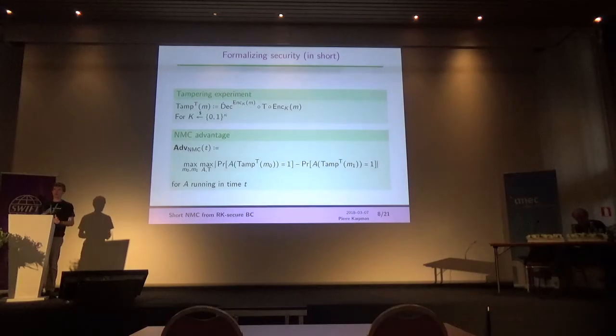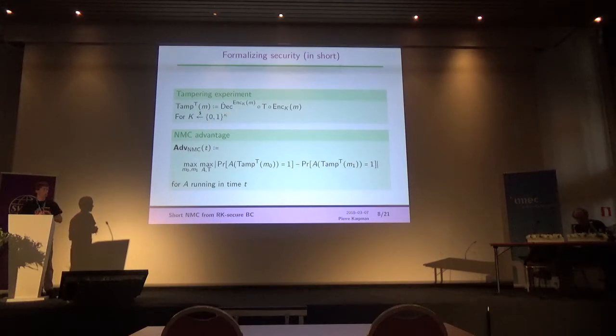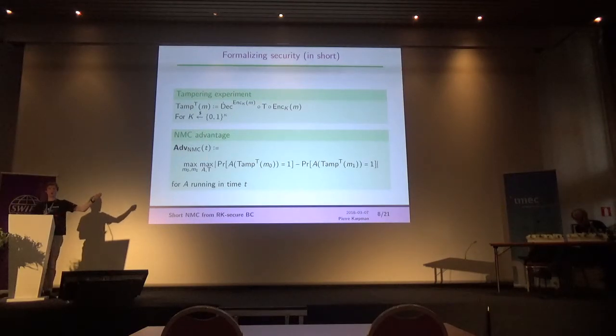And how do you measure or characterize the security of a non-malleable code? Well, you can first use a tampering experiment, which is basically: you take some message, some randomness, you encode, you apply the tampering, and then you decode. We just need a slightly tweaked decoding, because if the tampering didn't do anything, then we're not really outputting the message back, but just some magic symbol that says nothing happened.